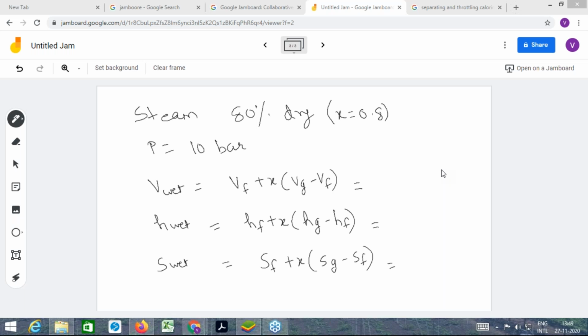Sharwari is getting me some answer, and Neha has given some answer. I will have to check because Neha and Sharwari have two different answers. X has to be taken as 0.8. The pressure is 10 bar.